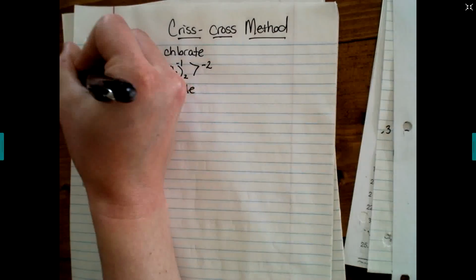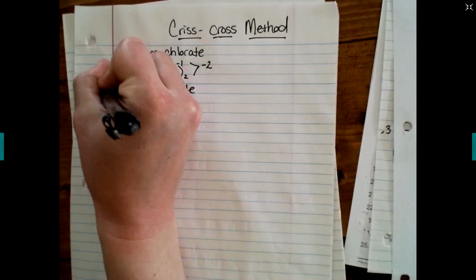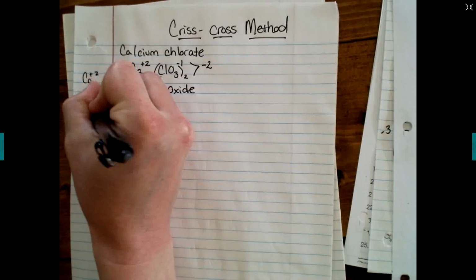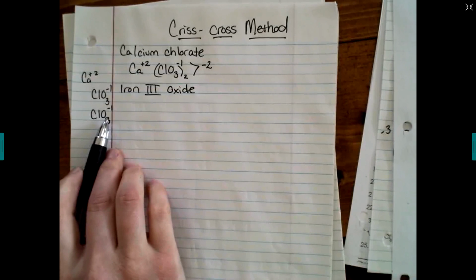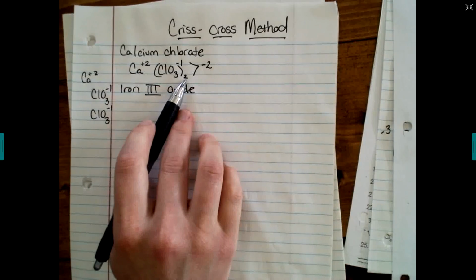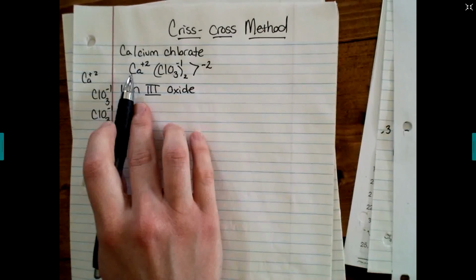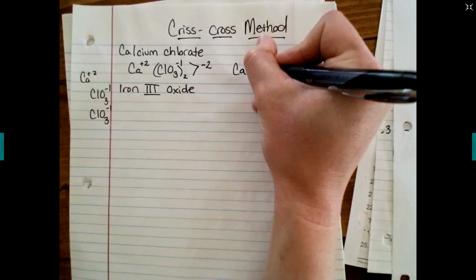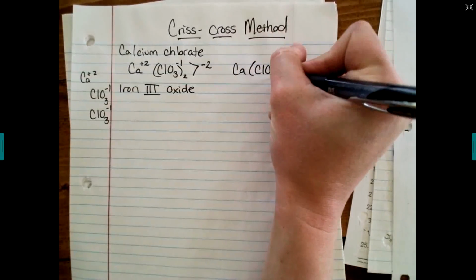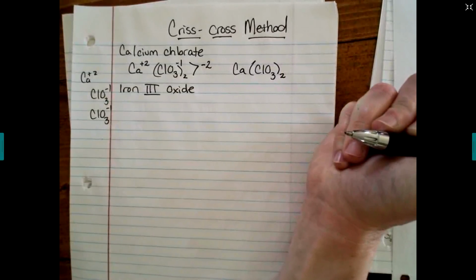It would be like saying if calcium wanted to bond with chlorate, you would need 2 chlorate ions in order to balance out that charge. So we're just putting a subscript of 2 next to chlorate to show that 2 of them have to bond with calcium. So the final formula would just be Ca(ClO3)2.